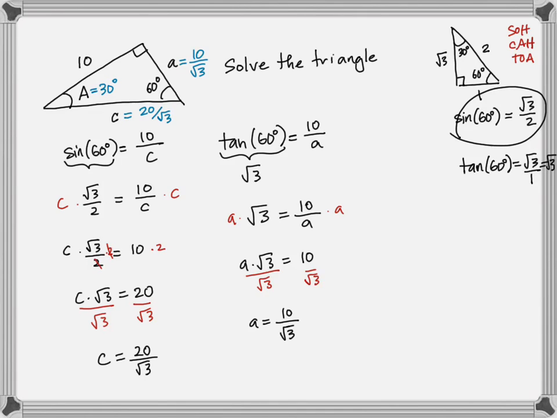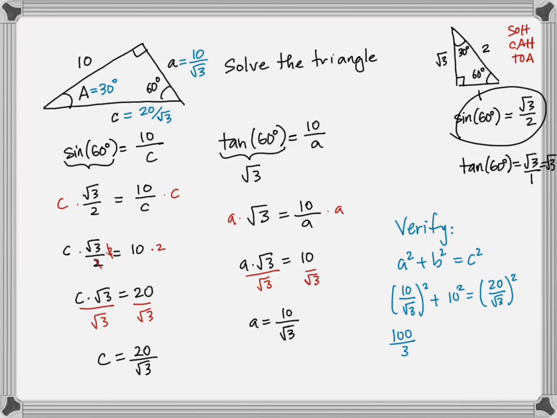And you could just take a minute to verify, by the way, if you just wanted to check your answer, we could do a squared plus b squared equals c squared. So I could do my a, which I solved and got 10 over the square root of 3, plus b squared equals c squared. If I did that, I would have 100 over 3, squaring the top and bottom, plus 100, since 10 squared is 100. 20 squared would be 400, and the square root of 3 squared is over 3.